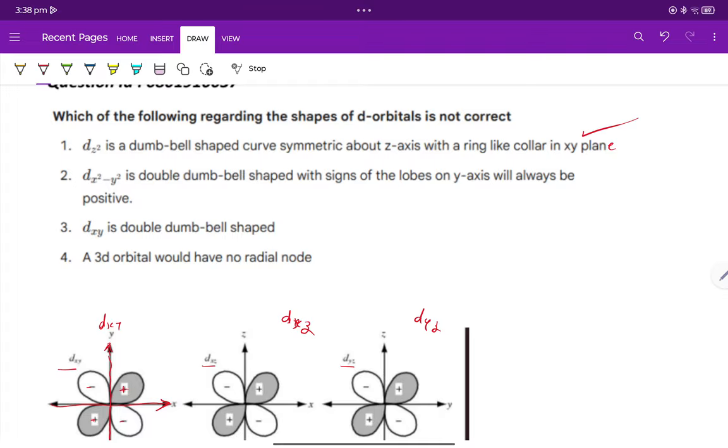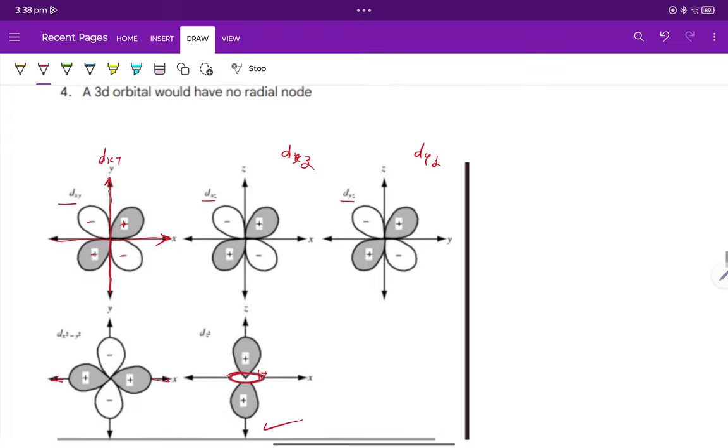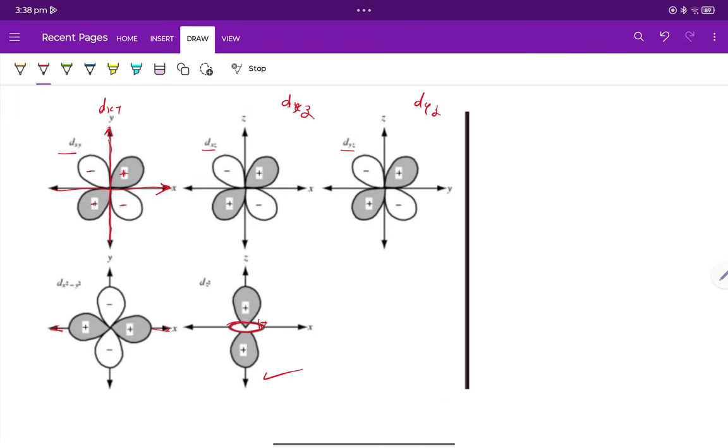Now the second option: dx square minus y square is a dumbbell shaped orbital with signs of lobes on the y-axis will always be positive. Even though we have written a minus sign here, this can change, because, as I said, these are not charges.